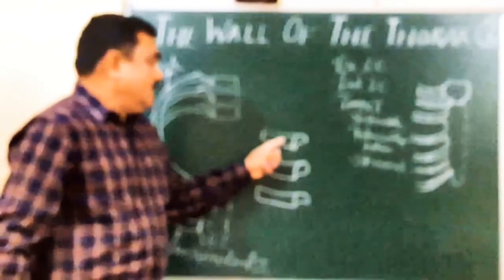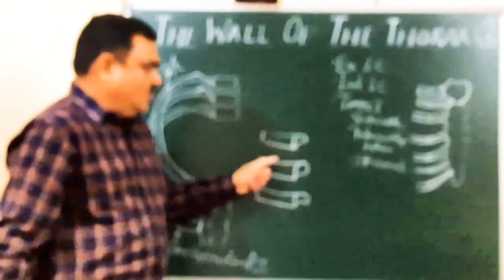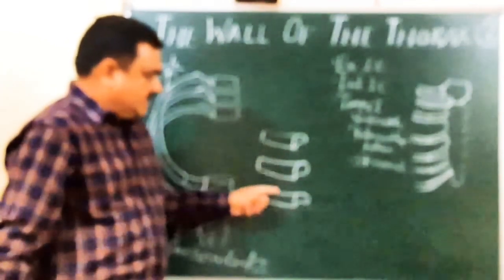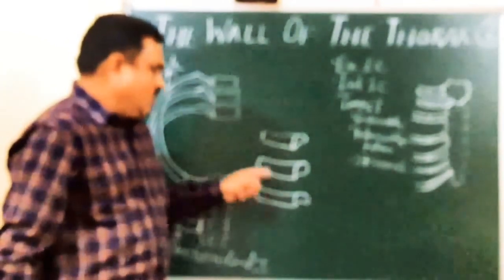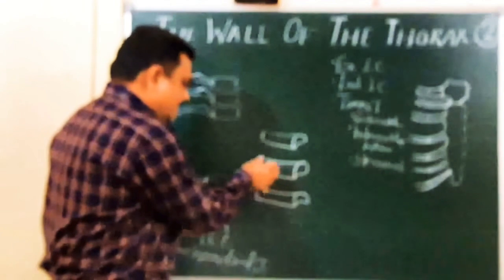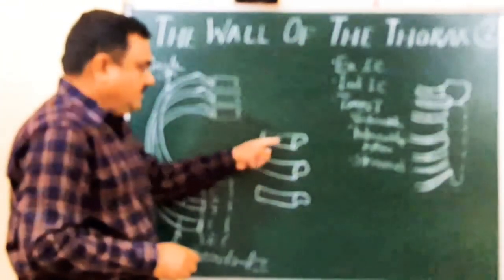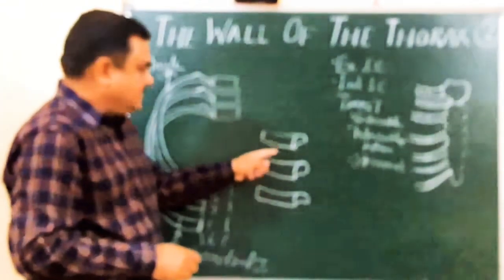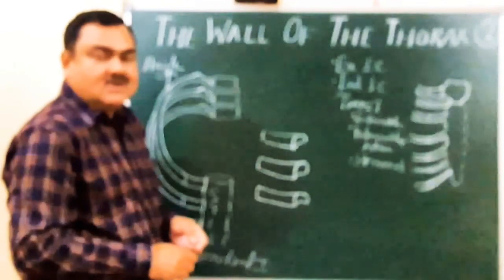This is upper and this is lower. Between these two adjacent ribs, there is a space known as intercostal space.